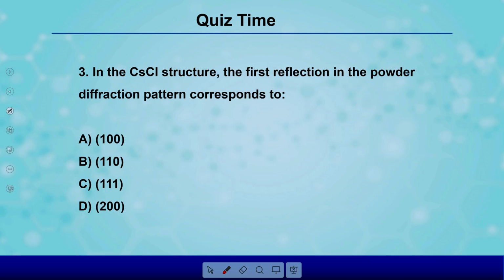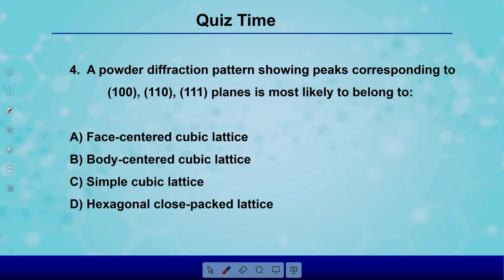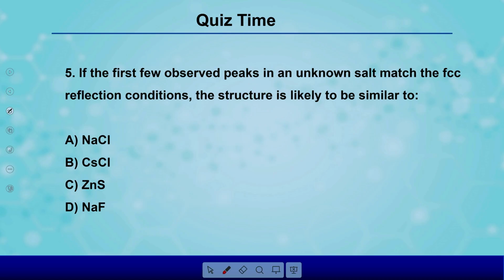Third question, in the cesium chloride structure, the first reflection in the powder diffraction pattern corresponds to 100, 110, 111 or 200. Fourth question, a powder diffraction pattern showing peaks corresponding to 100, 110 and 111 planes is most likely to belong to 4 options: face centered cubic lattice, body centered cubic lattice, simple cubic lattice and hexagonal close packed lattice.